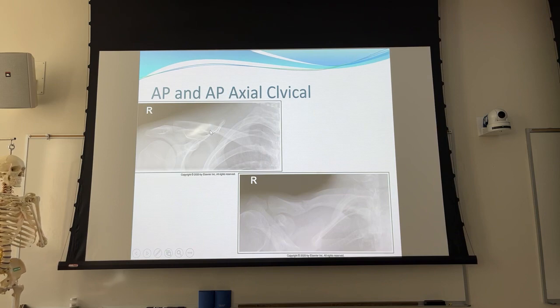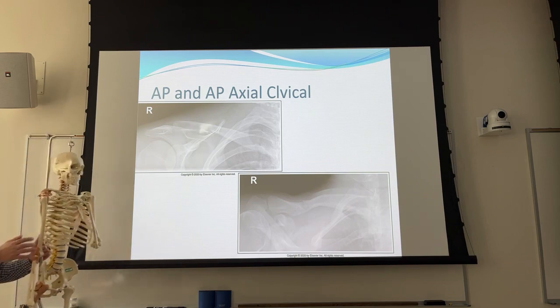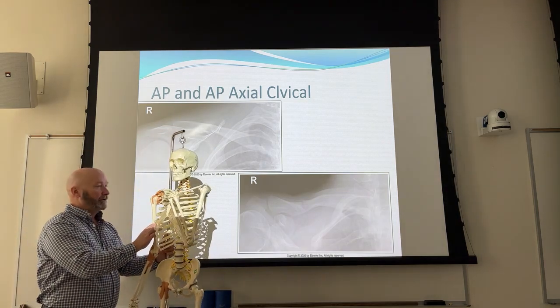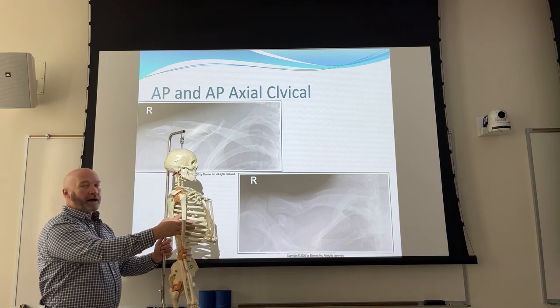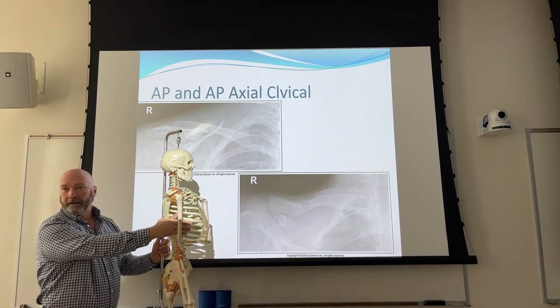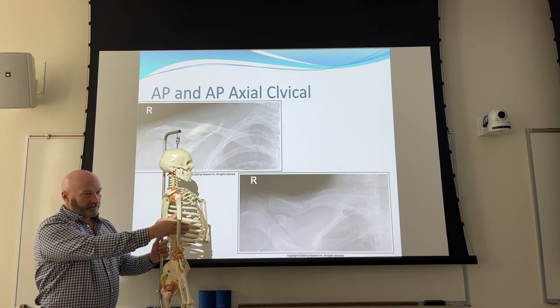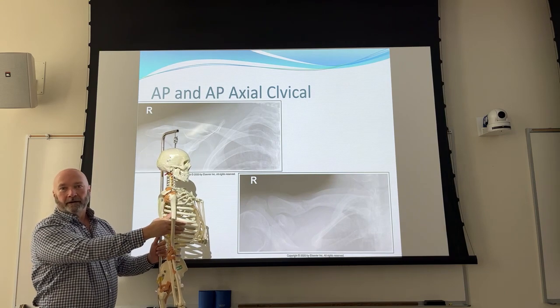And it's pretty subtle here, right? We can't really get 90 degrees. We can't get two views 90 degrees from each other on a clavicle because there's other anatomy that's going to superimpose, right? We like to get two views 90 degrees, but 90 degrees from this would be that, right? You're not going to see anything there.